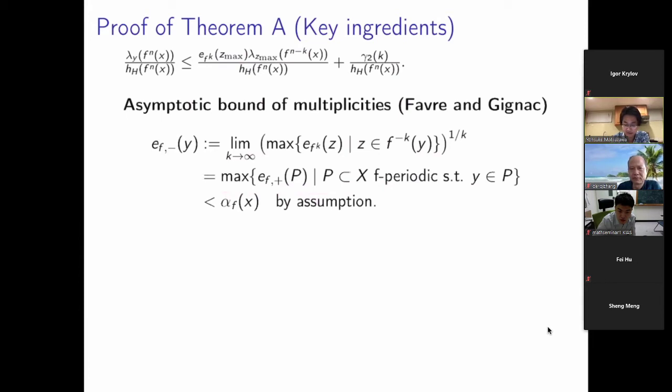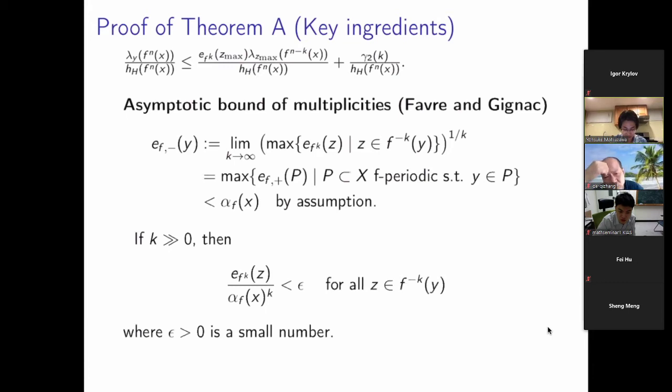So this is the maximum of the geometric mean of the multiplicity of f at P, where P is a periodic subvariety. So this kind of controls the multiplicity in the backward orbit. Okay. And by our assumption, this is strictly bounded by the arithmetic degree. So this is almost due to Gignac.